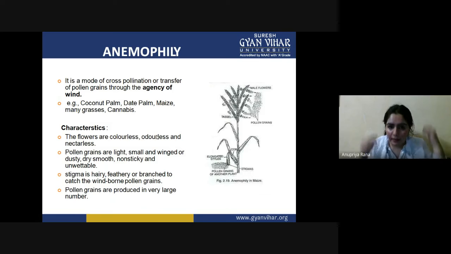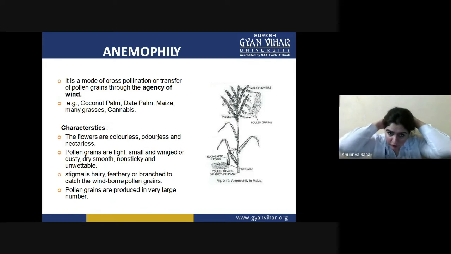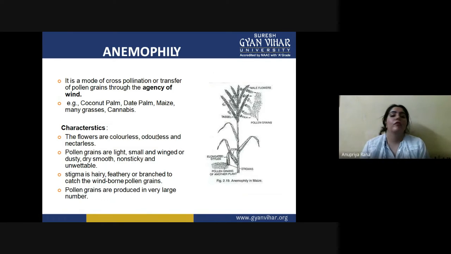Some plants go abundantly through anemophily type of pollination, such as coconut, palm, date, maize, many grasses, and cannabis. These are the plants that abundantly perform cross pollination, and their agent is wind.